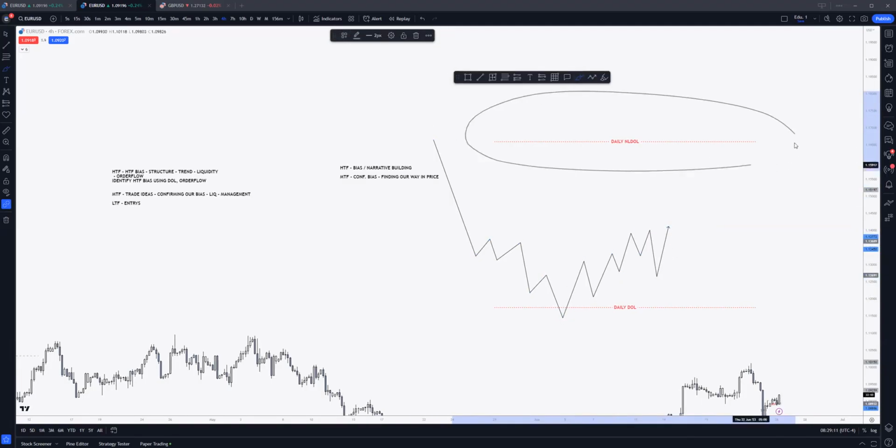So we have higher time frame intention, we have medium time frame area of liquidity, we have medium time frame order flow backing the higher time frame intention. So we're able to look at areas like this that other people might look at as a break of structure. I'm jumbling my words today.